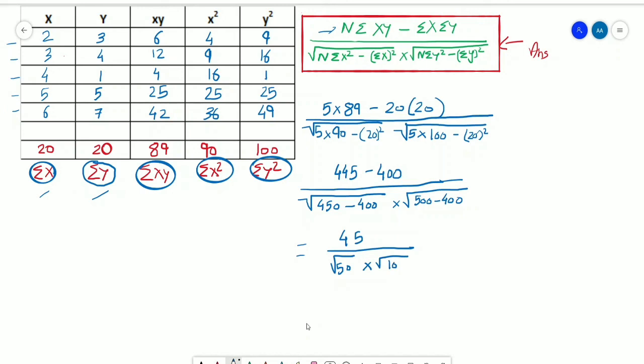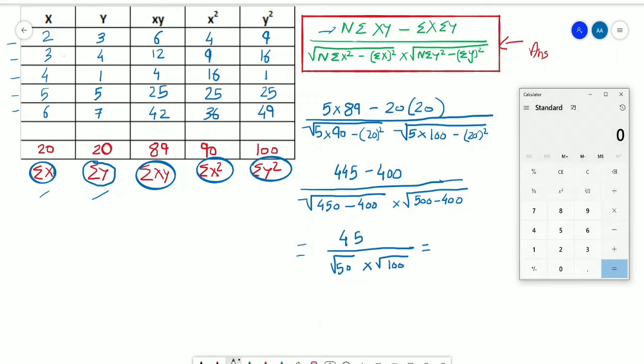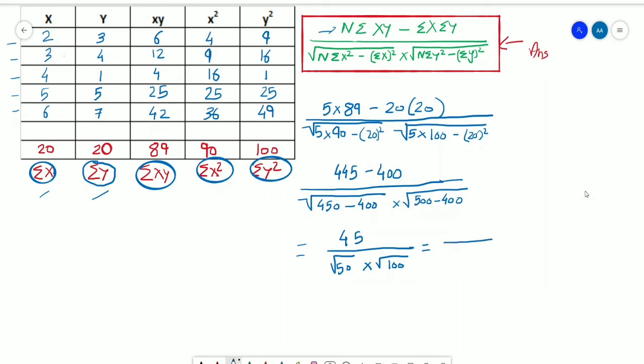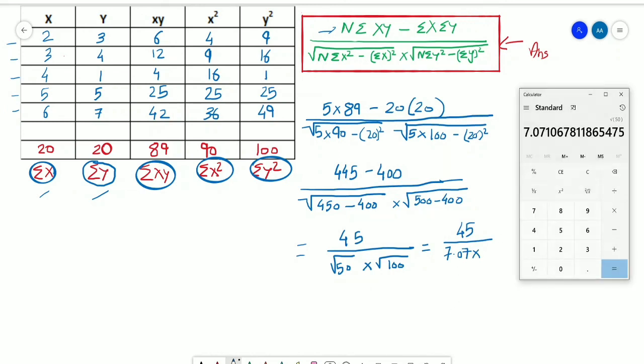Okay, now you just take a calculator and take out the square root of 50. Square root of 50 comes to 7.07. So 45 divided by 7.07 multiplied by, now calculate the square root of 100, simple, 10.